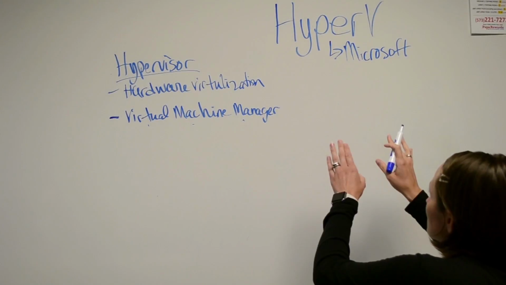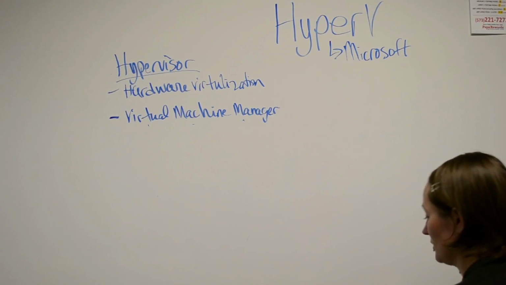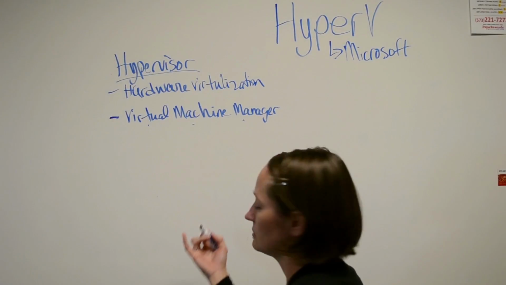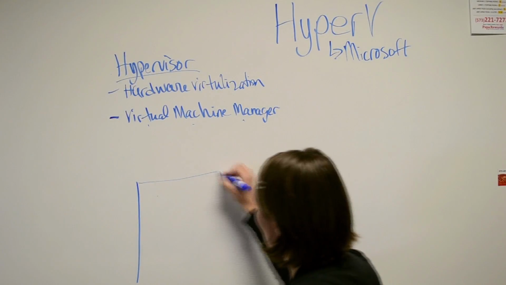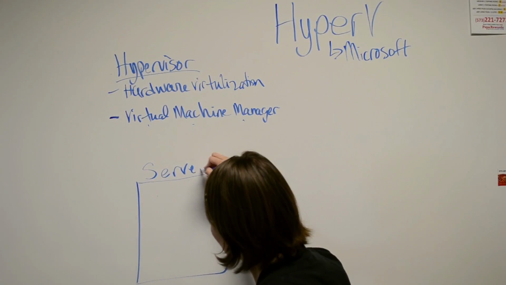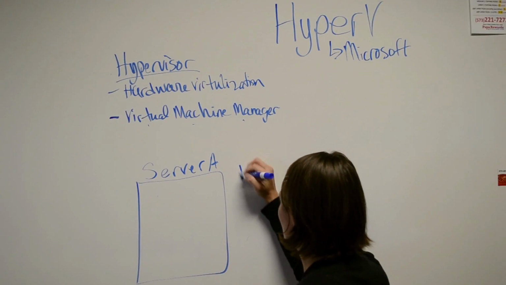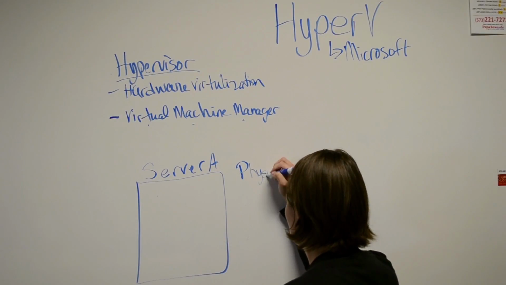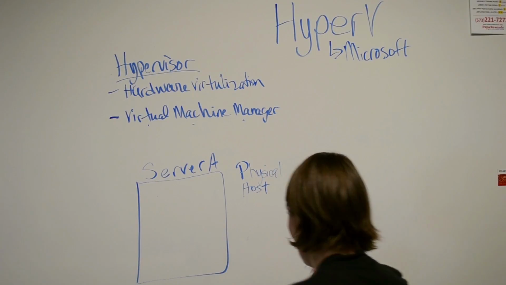So more than just words, I'm going to draw you pretty pictures, so this might make a little more sense. They're not going to be pretty pictures. So let's say we've got a server here, Server A. And this is obviously your physical or your host machine.